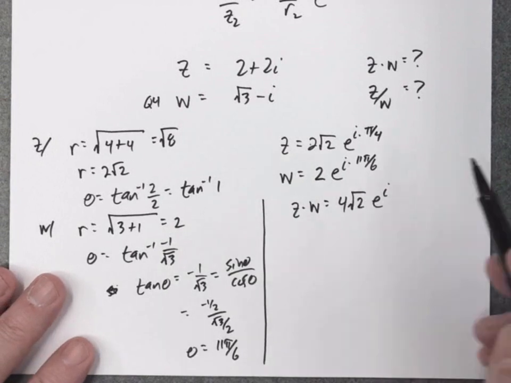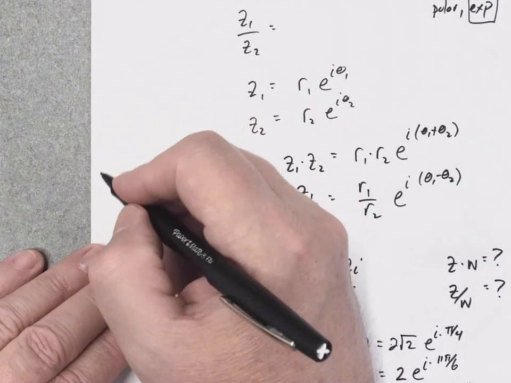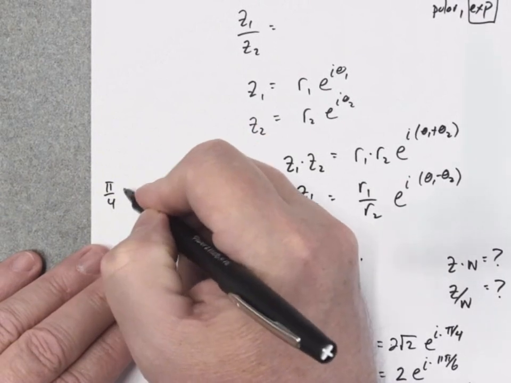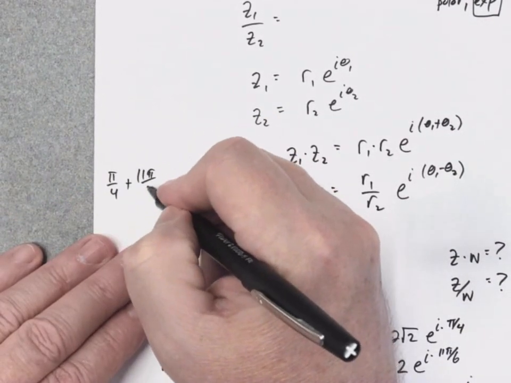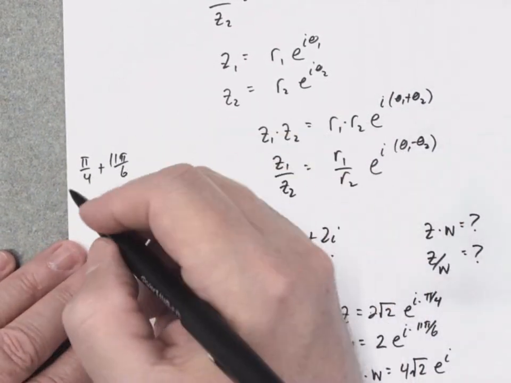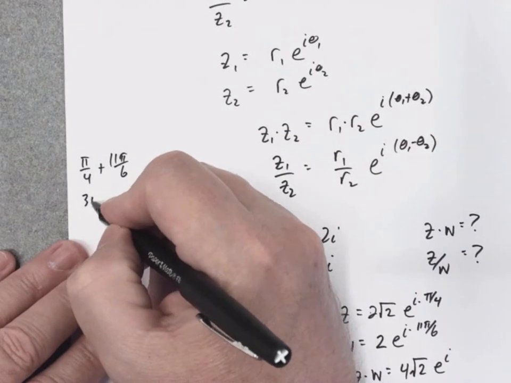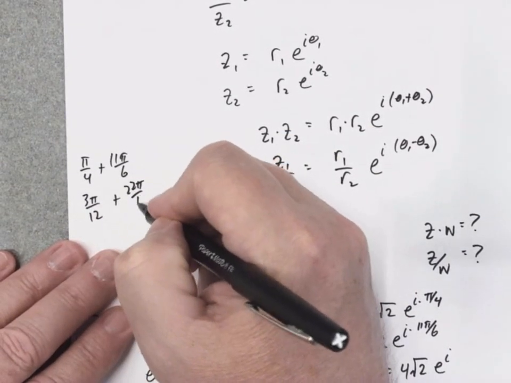Let me go up here and do it where I've got some room. It's like adding two fractions. I have to get a common denominator, which is going to be 12. This is going to be 3 pi over 12 plus 22 pi over 12.